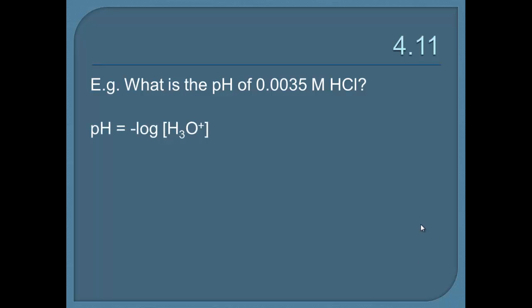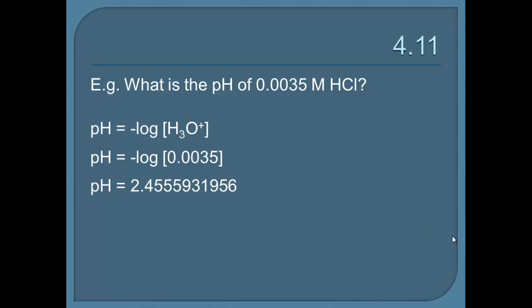First thing we do is write down the formula, and then we substitute in our value. Because we're dealing with a strong acid, HCl dissociates 100%, so the concentration of 0.0035 is in fact our concentration of H plus, or our concentration of H3O plus. We plug this into our calculator and we get 2.455931956.